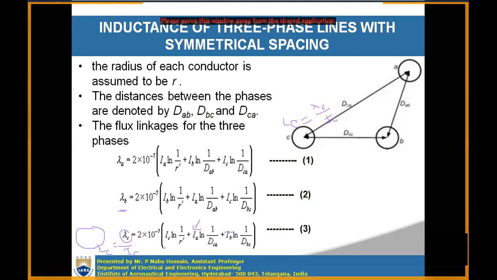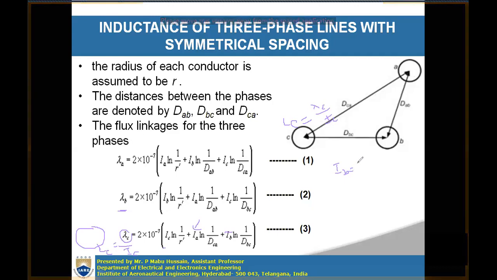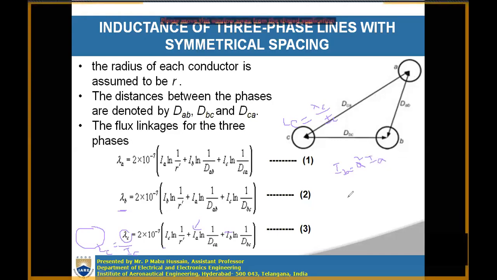Okay, so then how can you write? Same again, you take the same expressions. IB is equal to A square into IA. You know this expression. And also you know that IC is equal to A into IA.